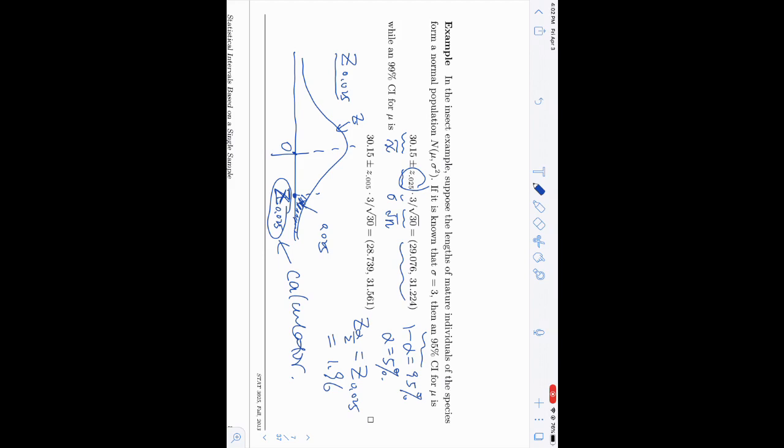Similarly, if we would like to construct a 99% confidence interval, then my alpha is equal to 1%, so I need to find z sub 0.005, and this value is equal to 2.56. Please make sure that you find it from a calculator.